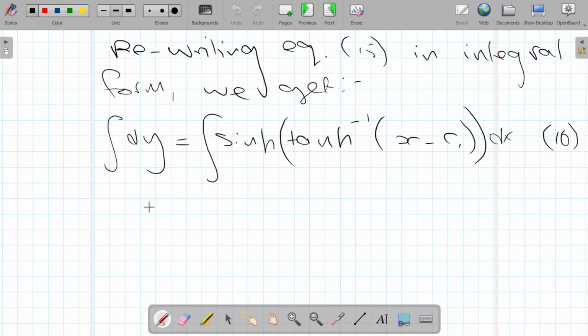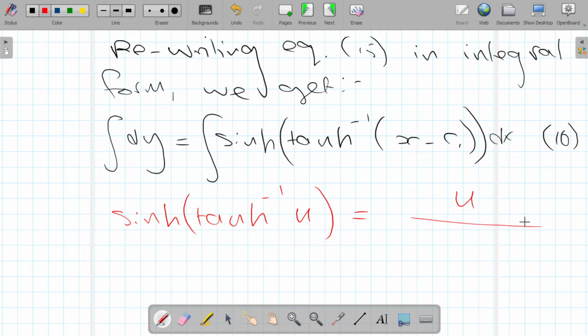Well, first of all, I'm just going to use tables for what I'm about to do next, and that is the shine of the inverse tangent function of a function u, for example, is equal to u over the square root of, I'm not writing very legibly, am I?